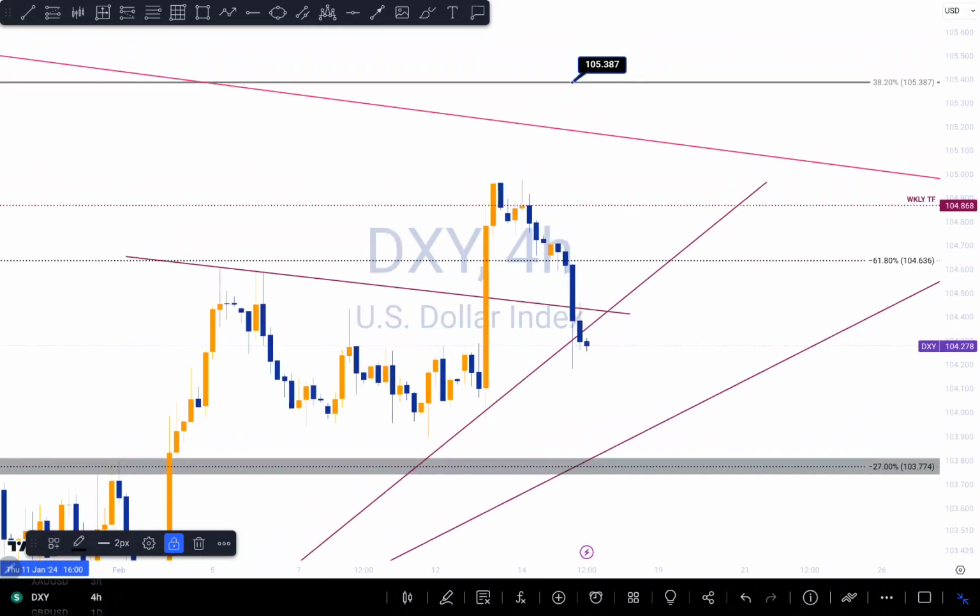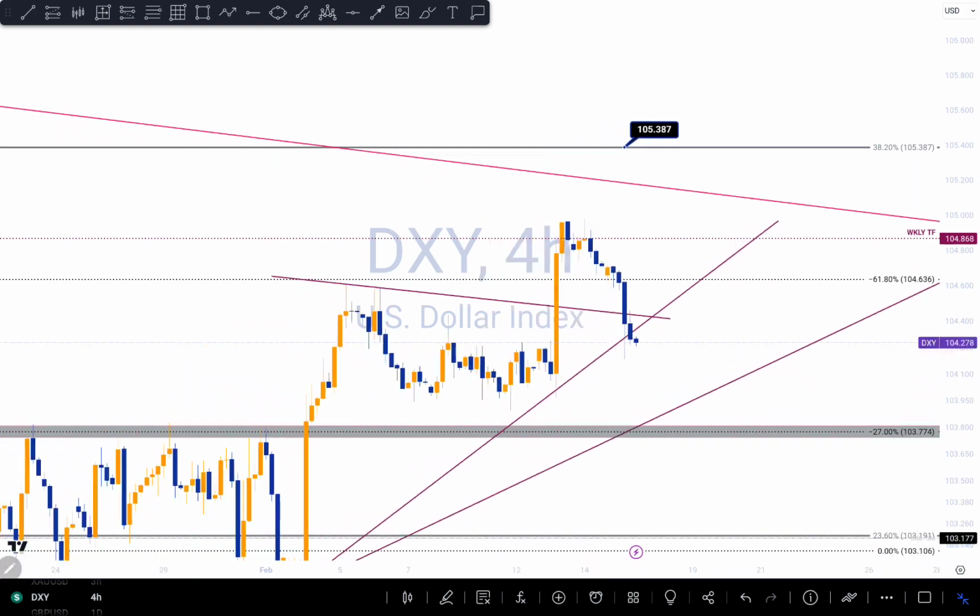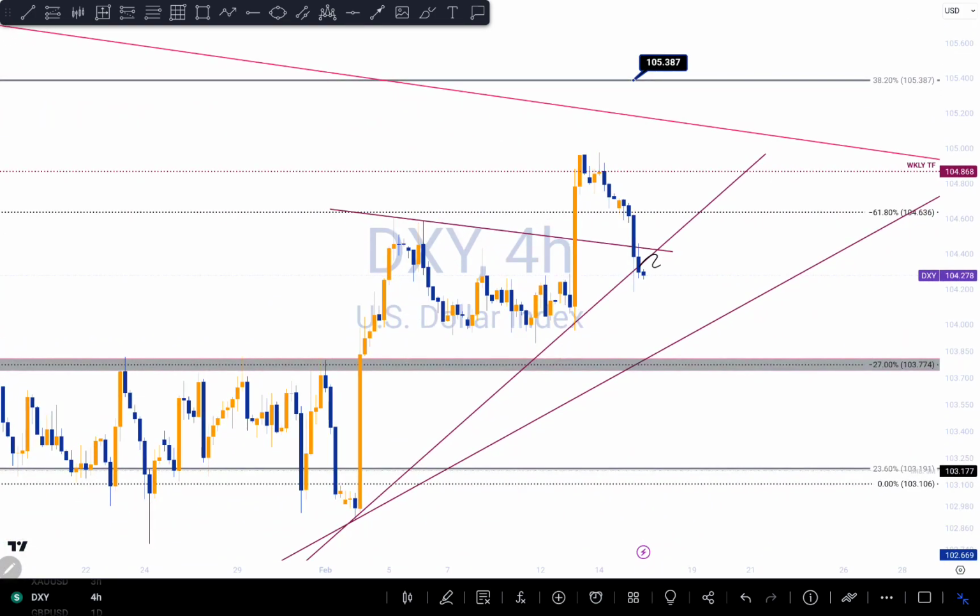So if you watched my previous analysis, I said there's a possibility that we might push down, at least touch this trend line for a retest on the trend line before pushing to the upside. That was my prediction. But as you can see, we actually at least got to my next trend line right here. This is the next trend line. So now we're having a first touch, a second touch, and a third touch.